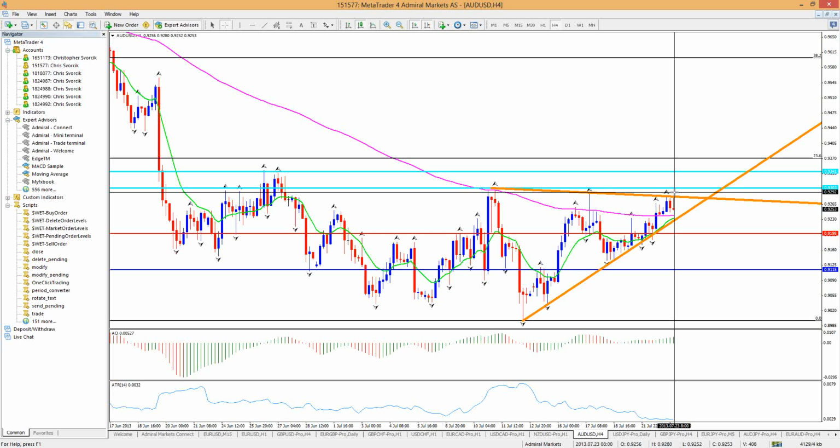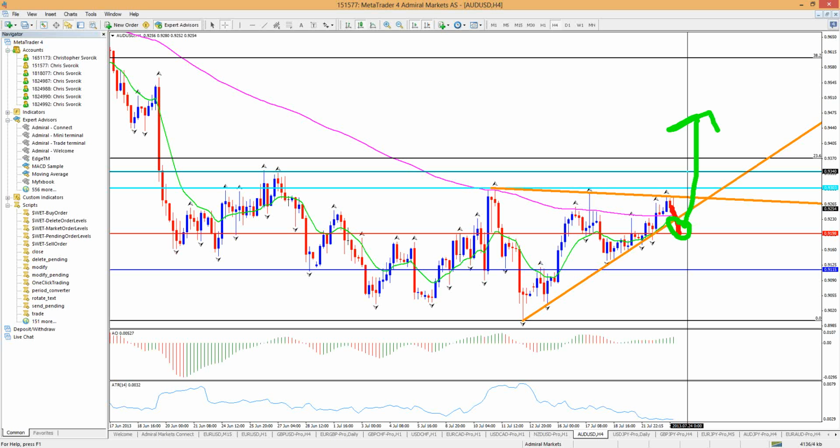The only thing that could make sense is either wait for the break of the resistance and a hook back, or, and this is a lot riskier, let the currency move back down to support and anticipate the continuation of this ascending wedge to the upside. But that's still very risky just because of the fact that we're in a downtrend. An upside is definitely better if we break the resistance first.